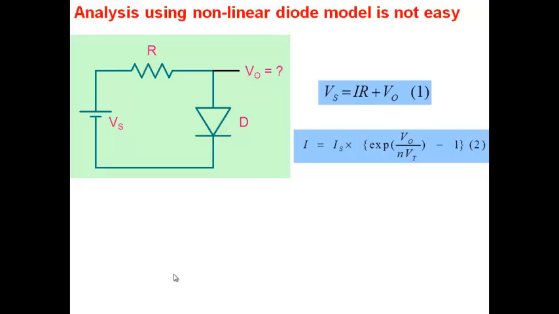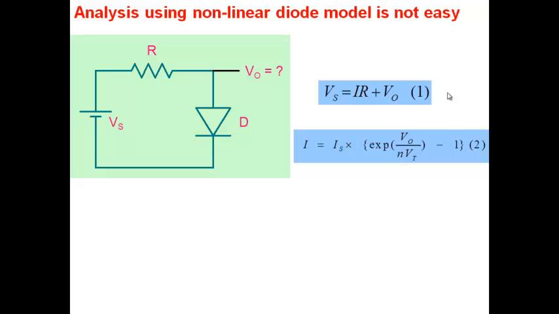This is stuff that you've already seen, so I'll just refresh your memories here. This is a problem that we had taken up earlier. We have a very simple circuit: voltage source, resistor, and a diode. To solve this circuit, analysis of a circuit is nothing but transformation of a circuit into equations and then solving them.